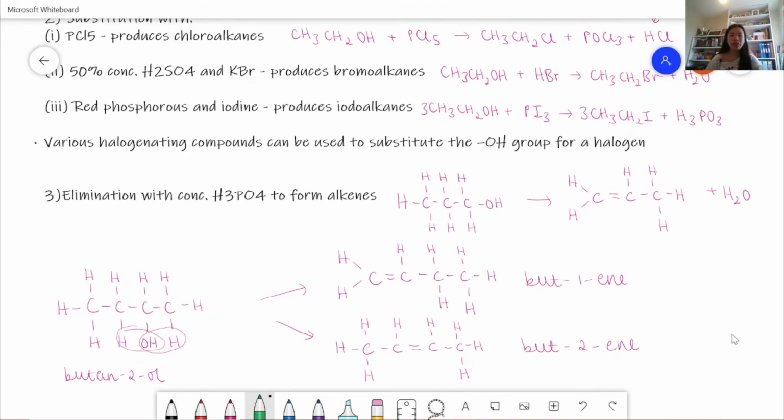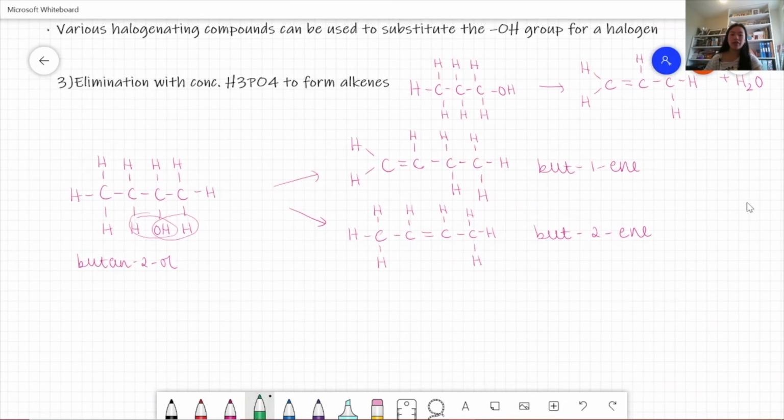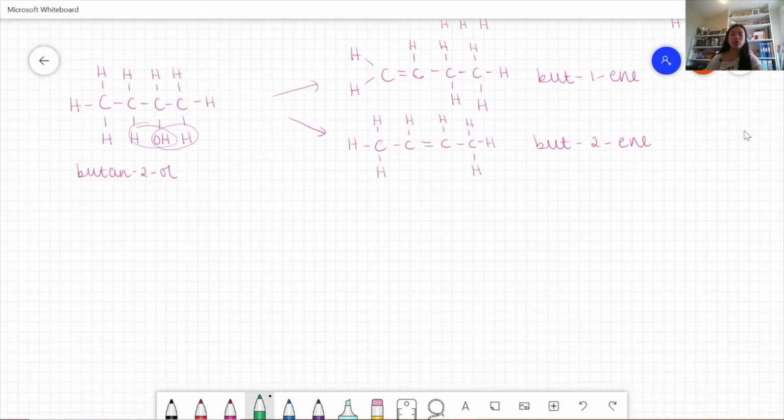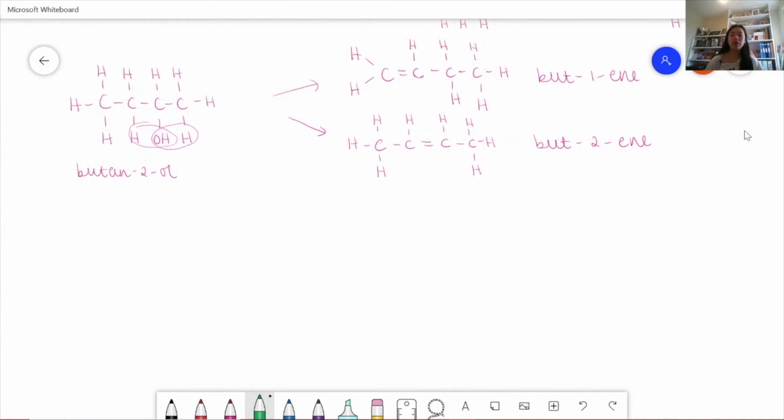And then for the but-2-ene, we can actually get 2 different isomers depending on how we draw the molecule. And this is because of the lack of rotation around the double bond again. And so what we can get is, first we can draw it like this.